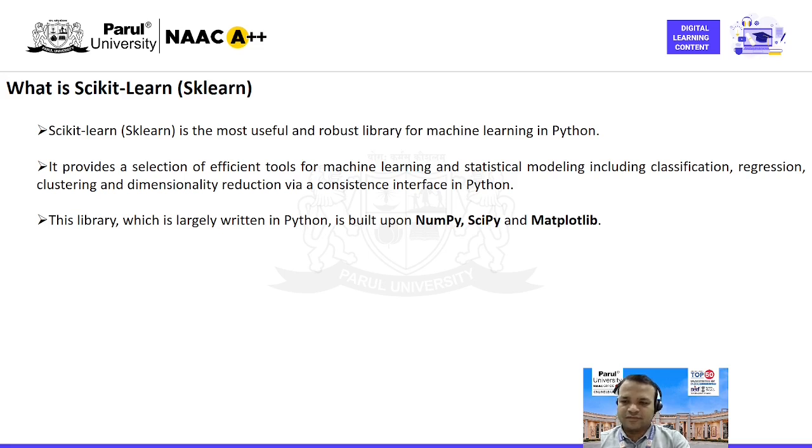For example, if you have a data set with 1 lakh attributes, but they are not all useful, only some of the features are useful. So we can select these features and develop your model accordingly. The Scikit-Learn library is largely written in Python, and is built upon NumPy, SciPy and Matplotlib.